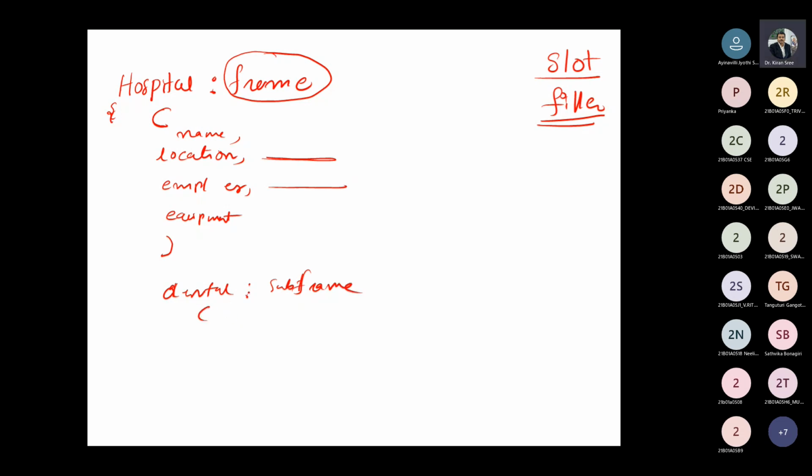This dental hospital will also have a name, location, employees, equipment, but it will also have some special attributes, a special equipment or whatever it may be. And you have some hospital called gynecology, which we call a subframe.